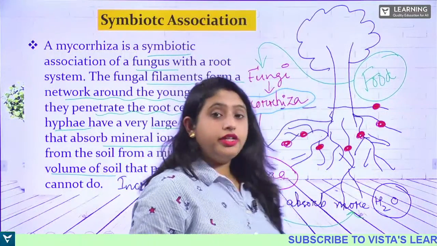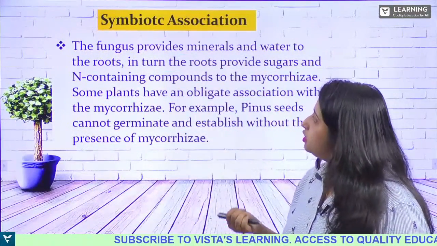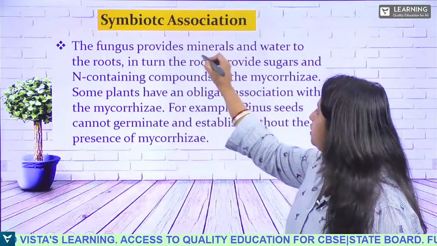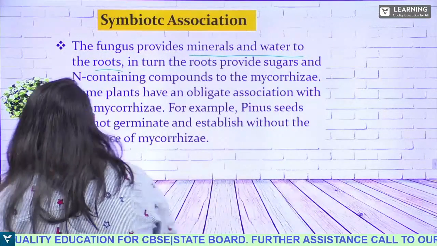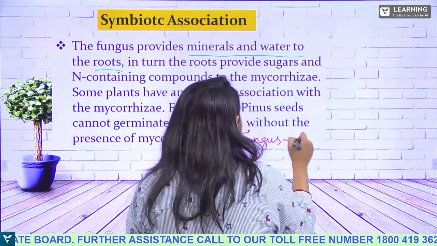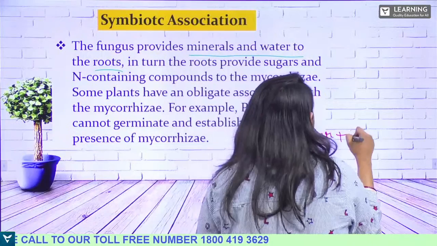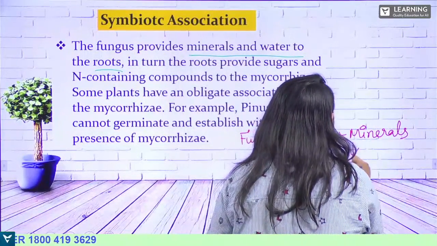Next, let's move on to the next topic. Here it is written that the fungus provides minerals and water to the roots. What is the mycorrhiza providing? Water plus minerals to the roots.